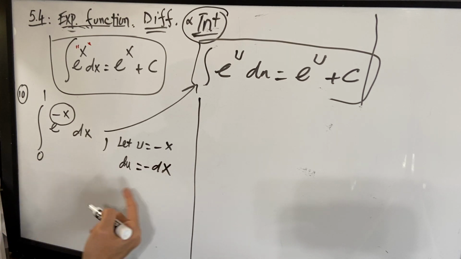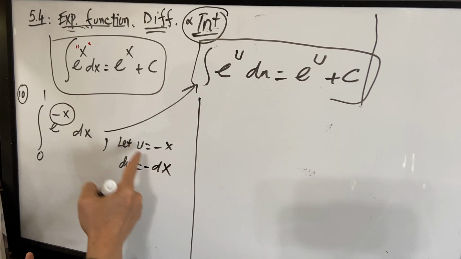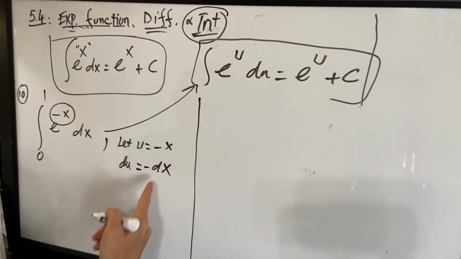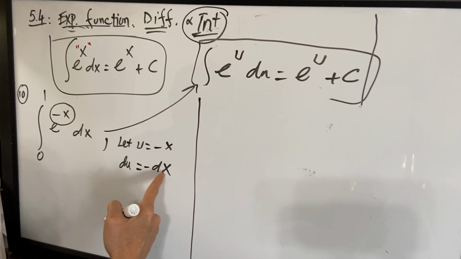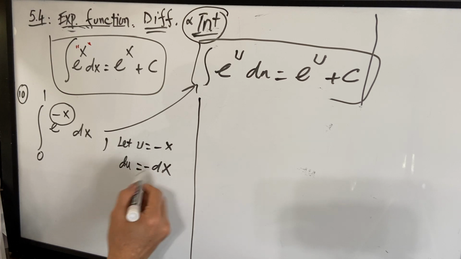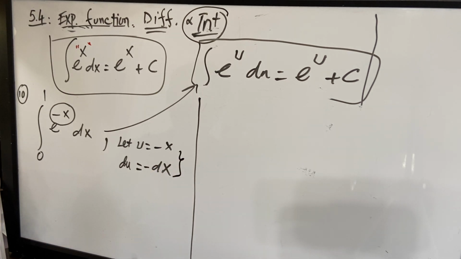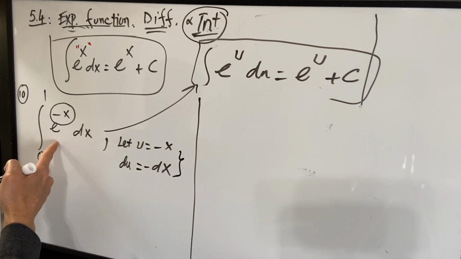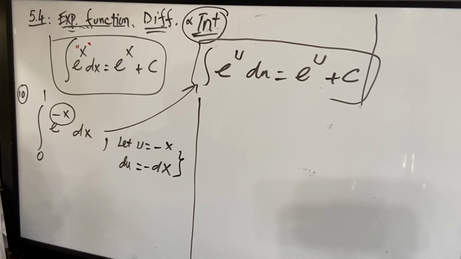I do d over dx of u, and that's negative 1 times dx. So there we go. You got everything right here for you. Now, plug this in.